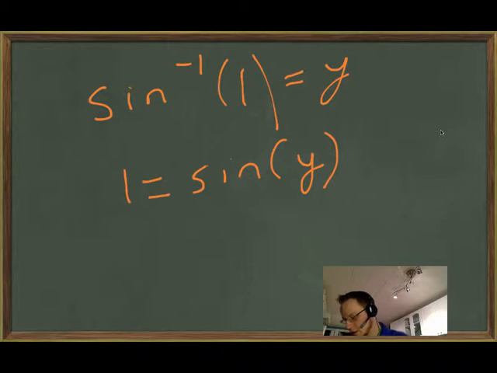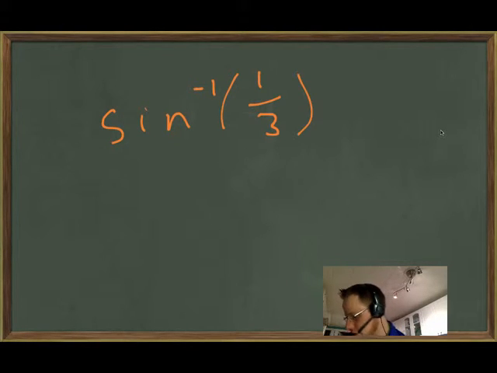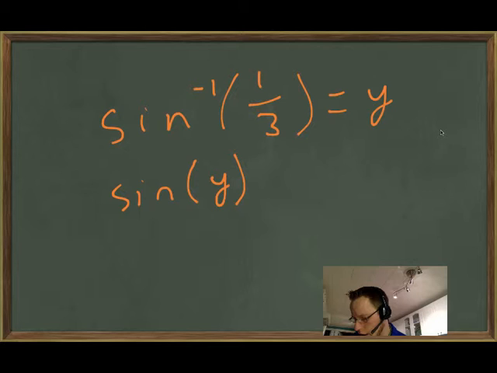We flip their positions. Okay? Now, let's say that we have the inverse sine of 1/3. This equals y. So then we know sine y equals 1/3.